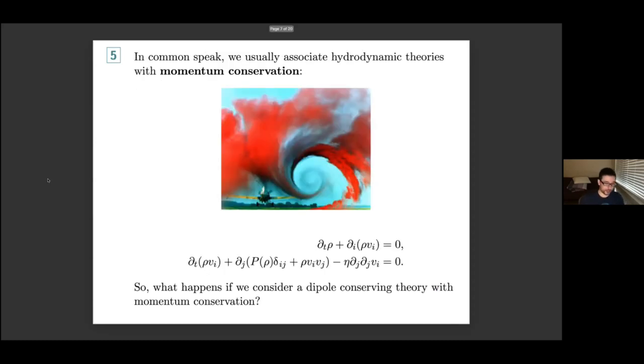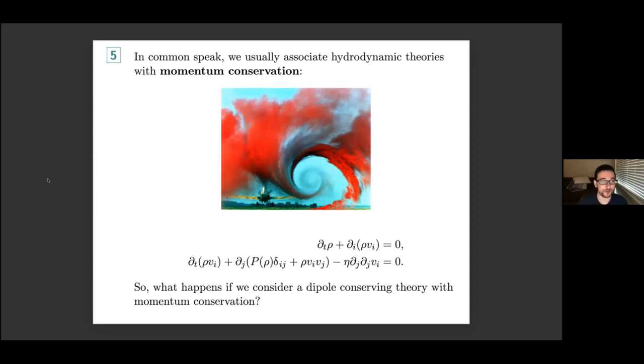Okay. So we sent this paper out for review at a glossy journal, and the reviews we got back, I was a little bit surprised by. Roughly speaking, they said that this is pretty cool, but it's not hydrodynamics because hydrodynamic things have momentum conservation, and therefore it is not of general interest.